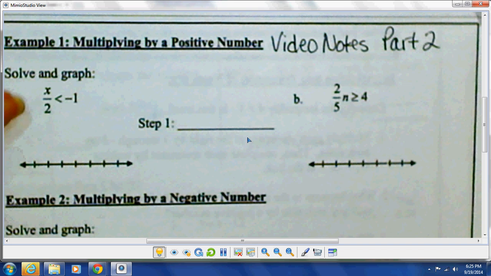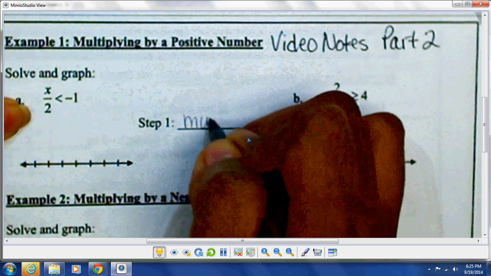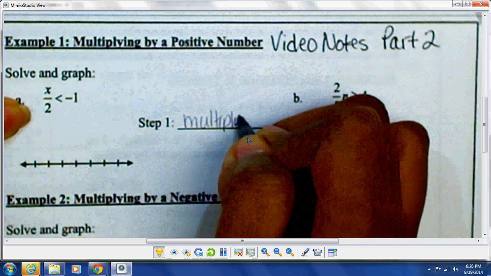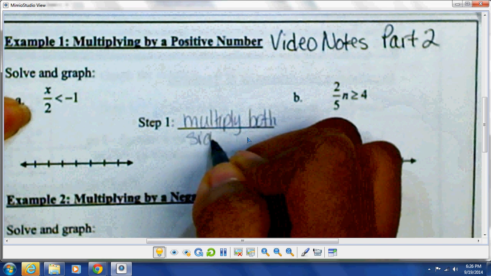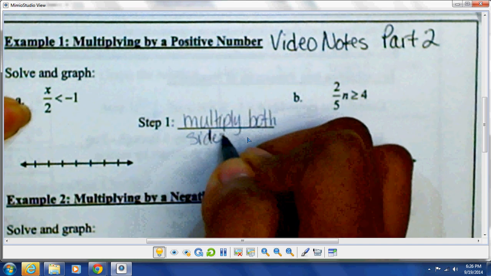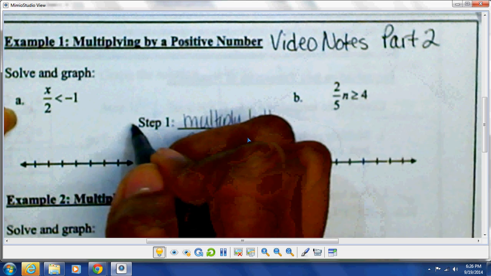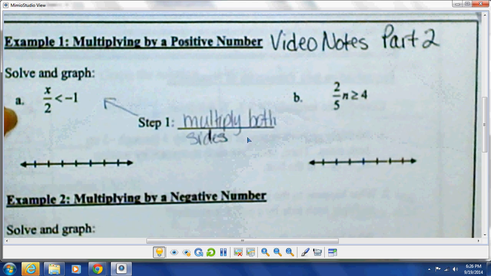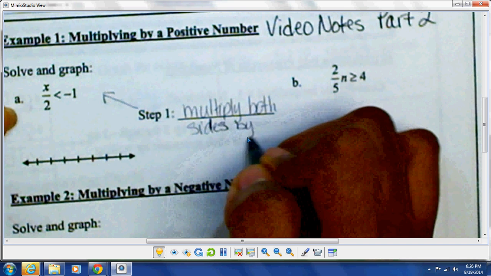So since this says x divided by 2 is less than negative 1, for step 1 I'm going to multiply both sides by 2.